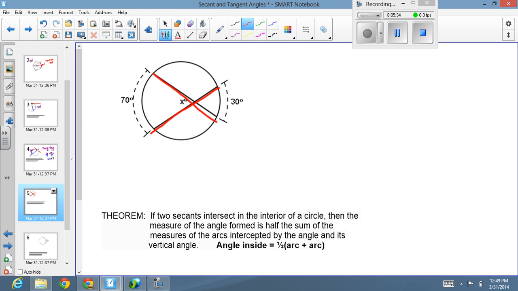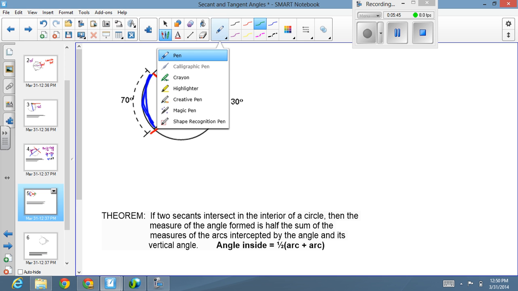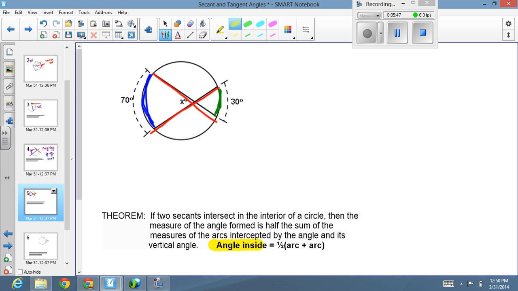So one of my arcs is right here. The other arc that is formed is right here. Okay? My formula says one of those inside angles is half of arc plus arc.